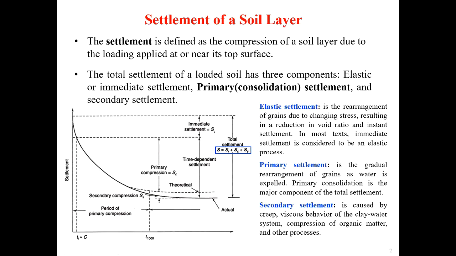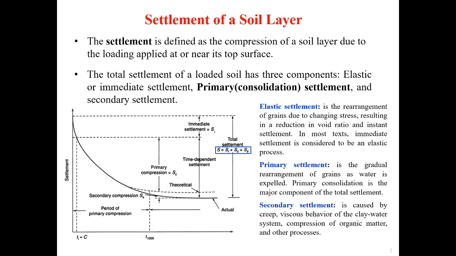It's the same idea with soil. If the soil is going to settle or compress, it does so by pushing the water out of the void space, and so there's a loss of volume in the soil. Depending on the hydraulic conductivity and the thickness of the soil, as well as the position of the drainage layer, it could require anywhere between months to years for primary settlement to occur in a given soil.